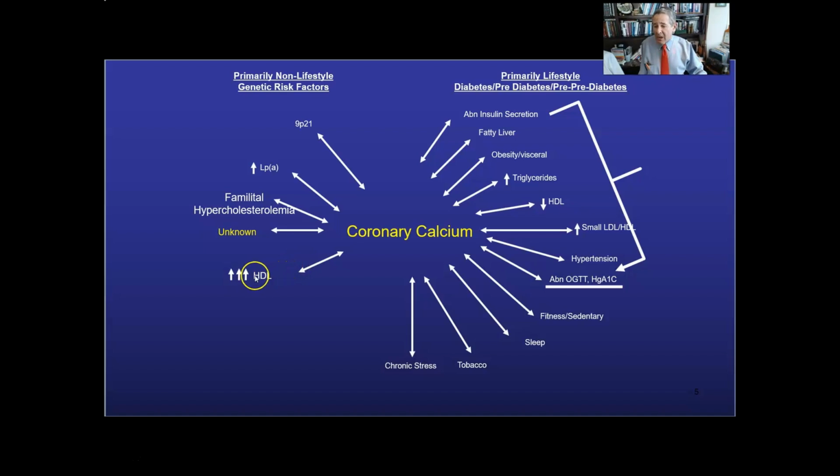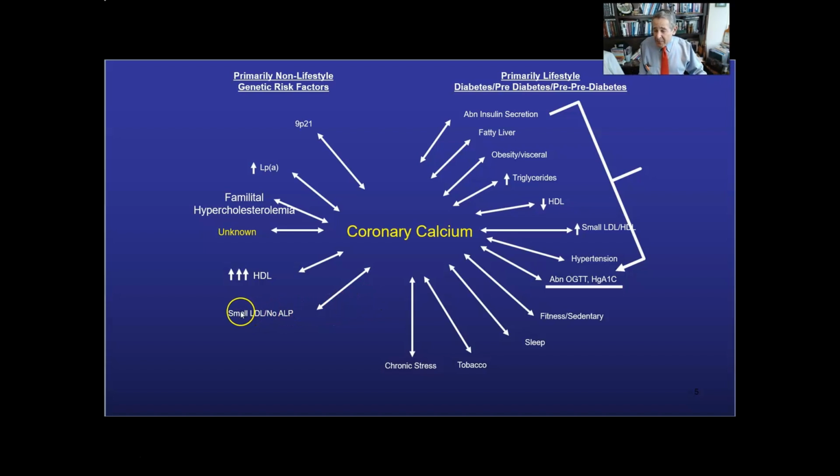Something else that's much more common than we thought before is HDL dysfunction. A lot of patients, particularly where there's a family history of heart disease and particularly high HDL, the HDL is dysfunctional. And we can measure it, and it's a really important contributor to plaque burden. And small LDL without the atherogenic lipid profile, that's just genetic small LDL, we realize is also important.